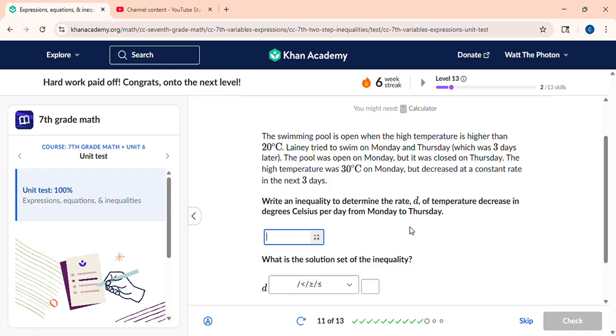So the temperature has to be higher than 20. So the high temperature has to be larger than 20 degrees. He tried to swim Monday and Thursday. So the pool was open Monday but was closed Thursday.